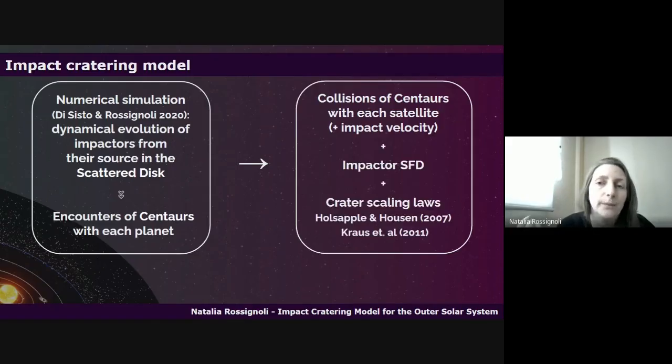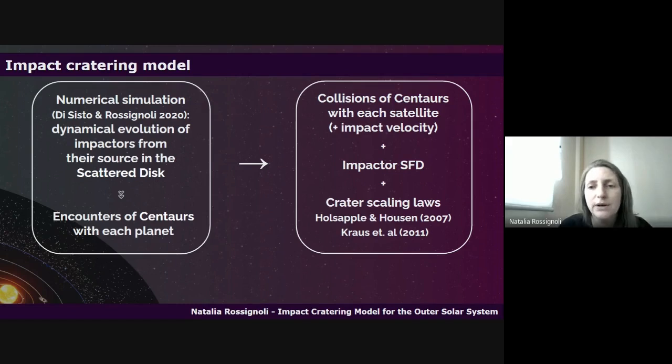Then we have to combine this with the impactor size frequency distribution, which I'm going to present next, and crater scaling laws. Crater scaling laws are the laws that relate the size of the impactor to the size of the crater.